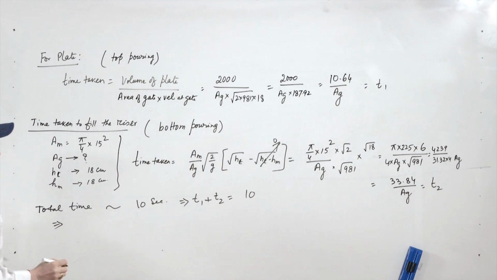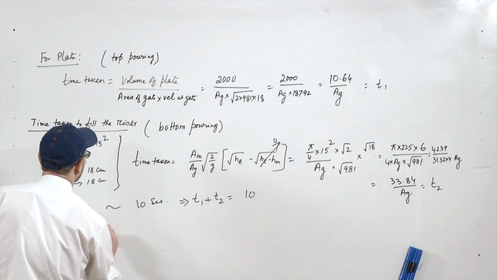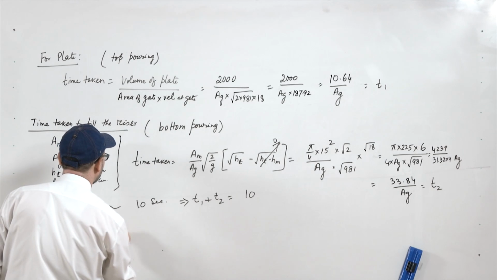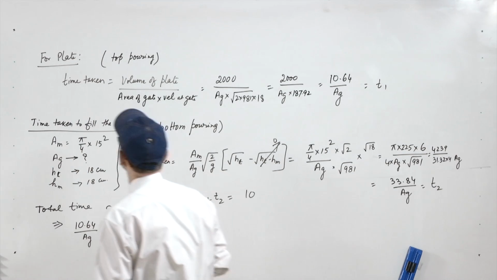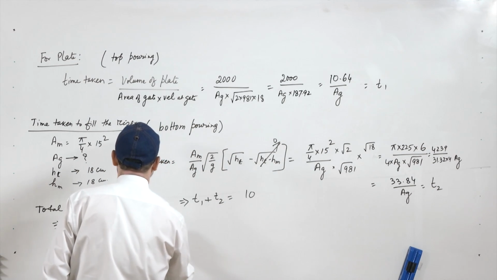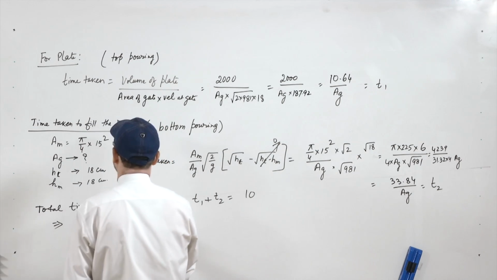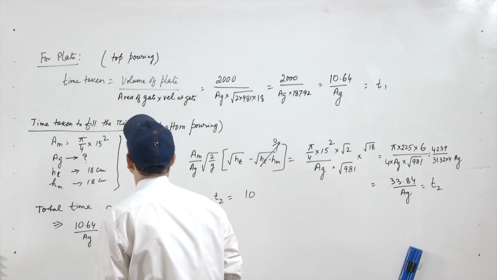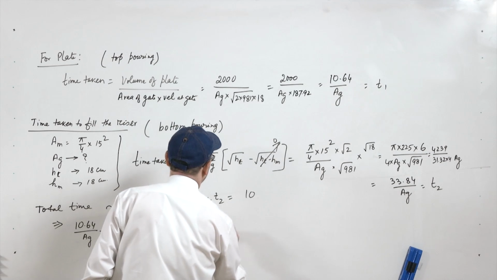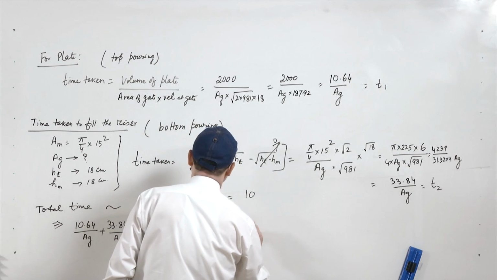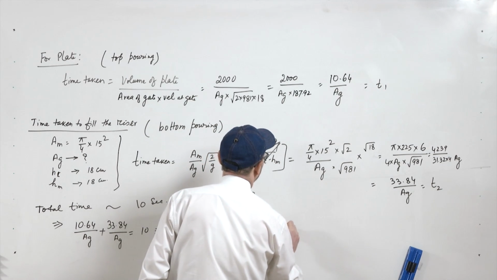So, 10.64 upon Ag plus 33.84 upon Ag will be 10. So, it will be 44.48 upon Ag equal to 10, or Ag will be 4.448 or 4.45.